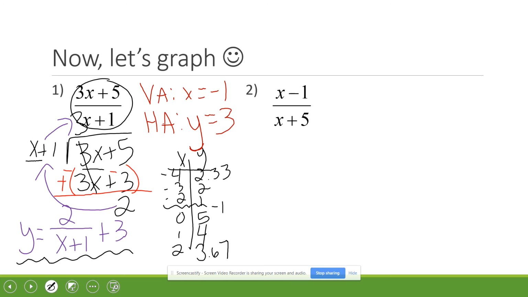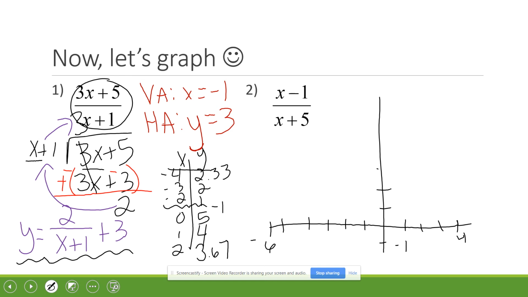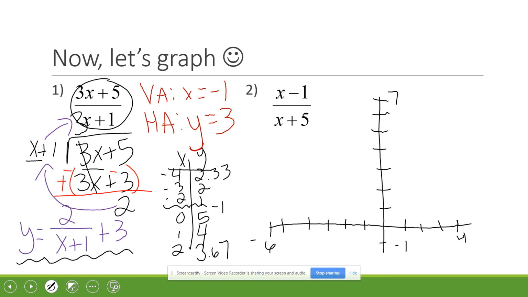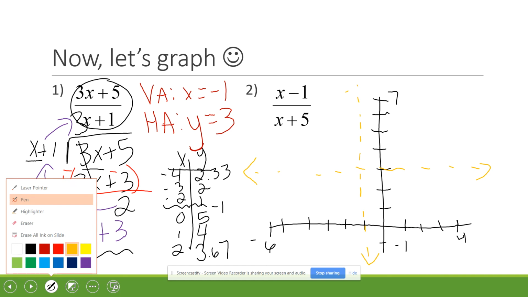My graph. I'm going to go ahead and put those asymptotes in first. So x is negative 1 is here, and y is 3 right there.